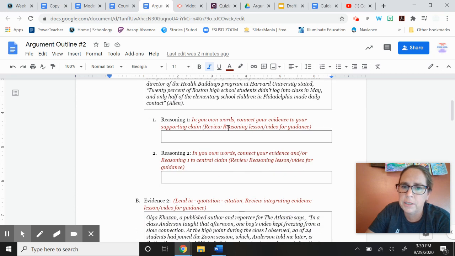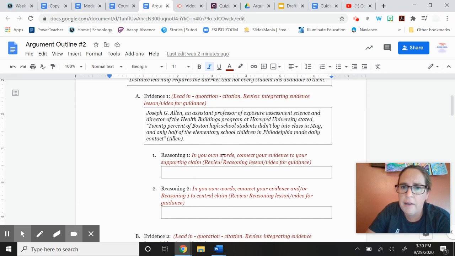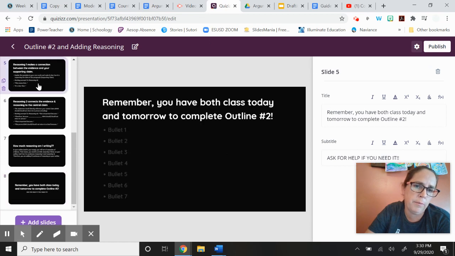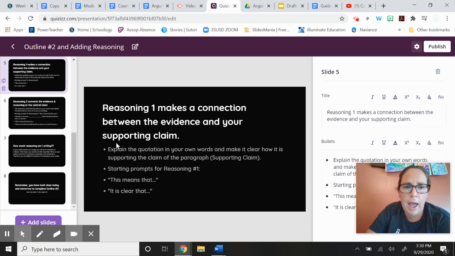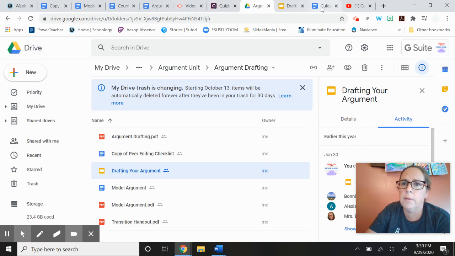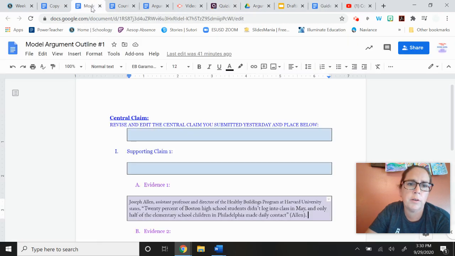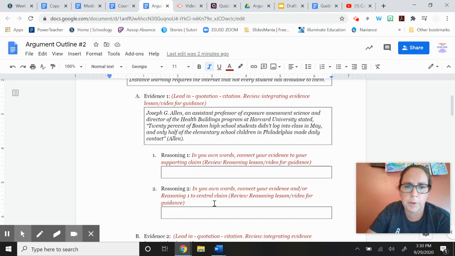So now my job is to create reasoning. I have this evidence, I have my claim, I need to connect the dots, right? And remember that we have our sentence starters. Our first point of reasoning can start, you don't have to start with these, but we can use those: this means that, or it is clear that. Here we go.